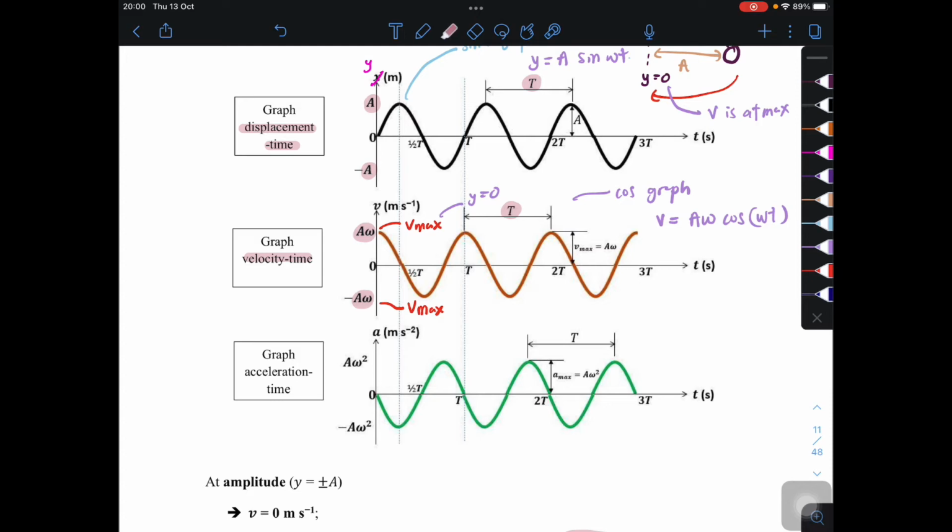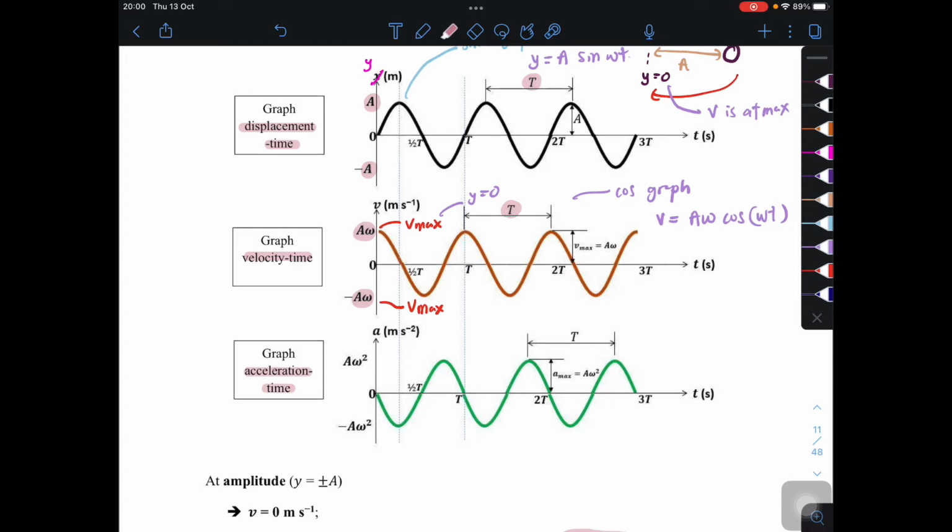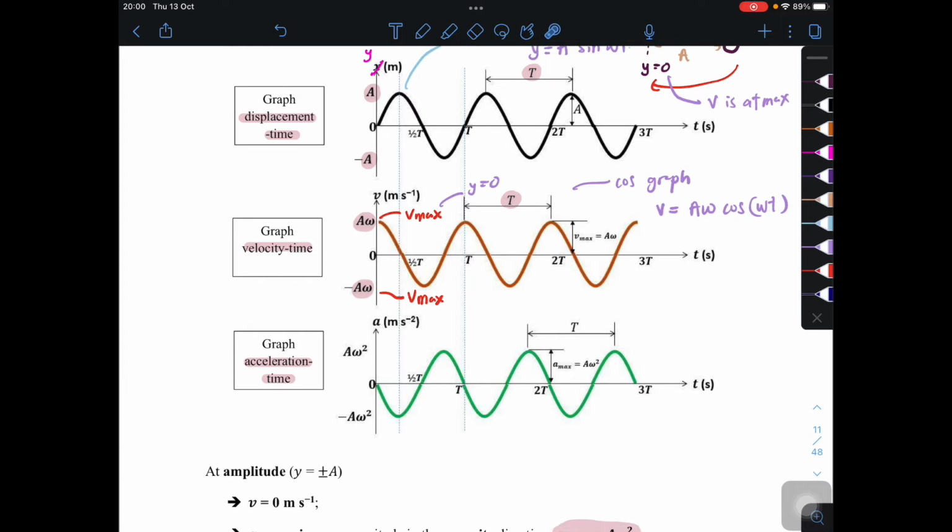And then next one, we have acceleration against time. Okay, di mana acceleration sama juga, kita akan dapatkan value for period. And here will be the value for maximum acceleration.